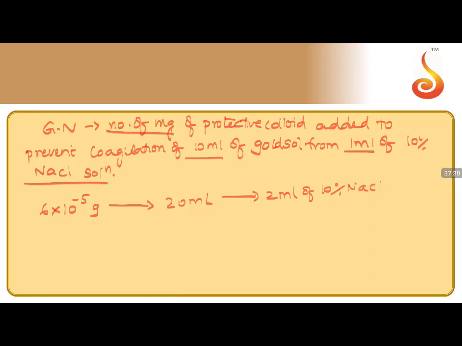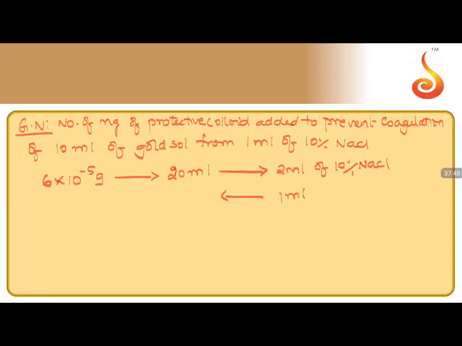Now let us convert them into the standard data. It should be done to 1 ml. So if I convert this into 1 ml, the gold sol becomes 10 ml, and this becomes 3 into 10 power minus 5 grams.